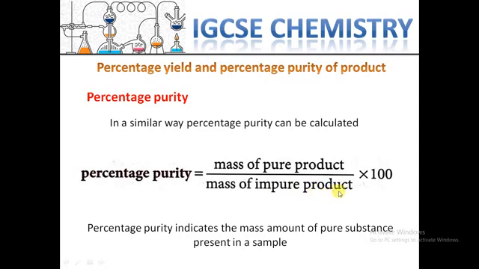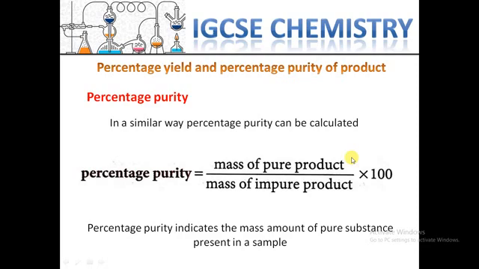Impure product means the whole of your chemicals, which consist of pure product or other compounds. Mass of pure product means the compound that you are looking for.